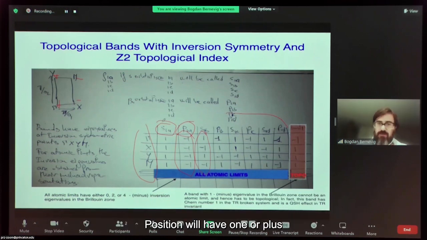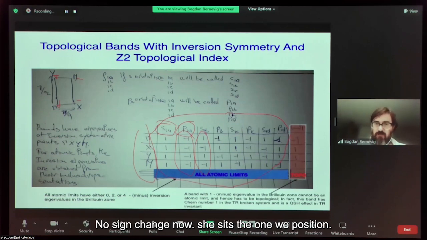So, first claim is that, and this you can prove, but I cannot prove it here, that all these 8 sets of bands form a basis for the atomic limits.